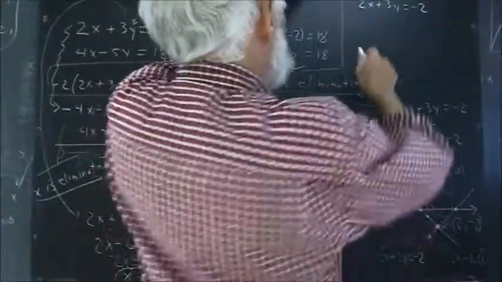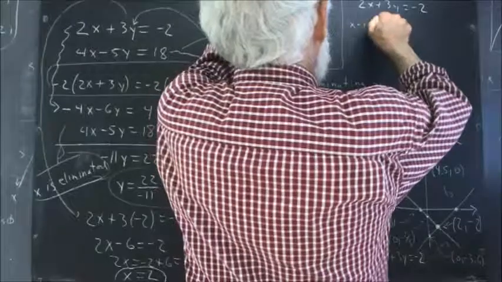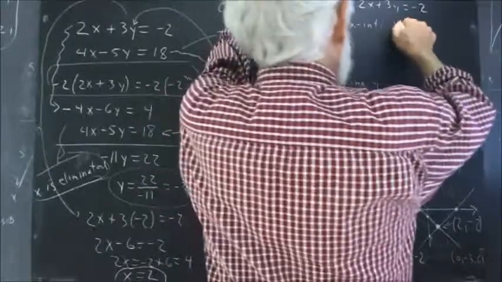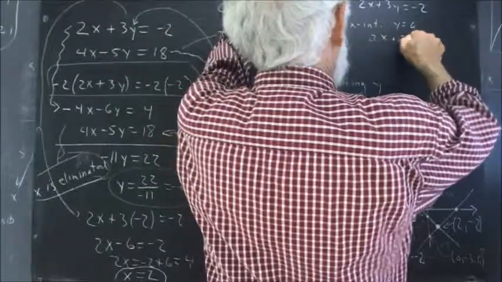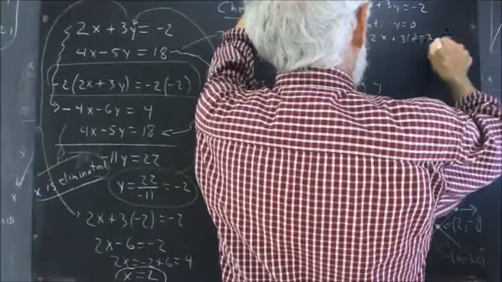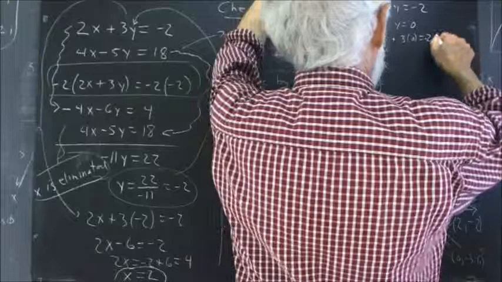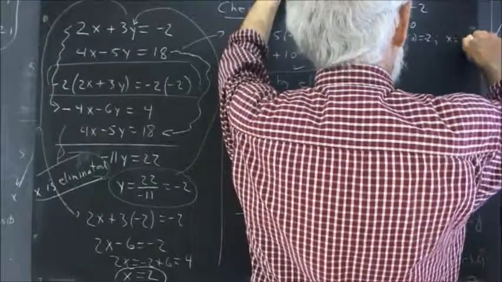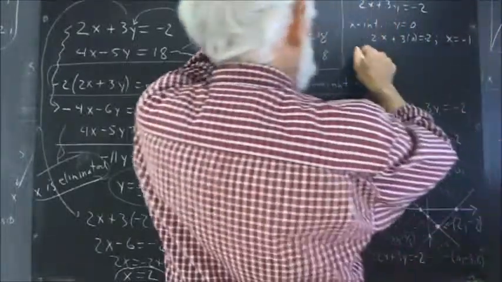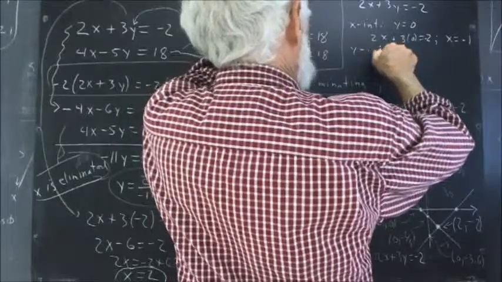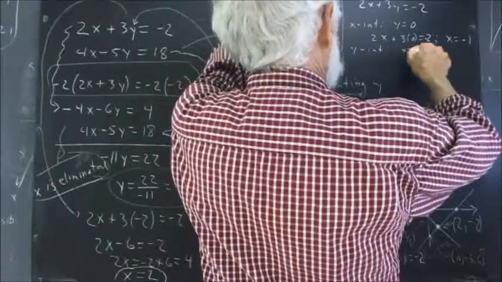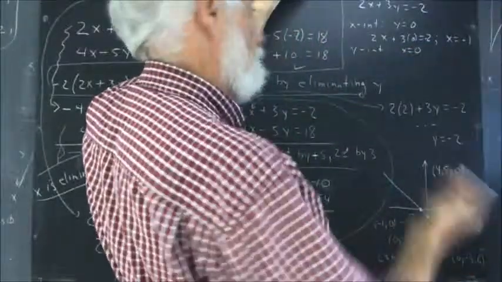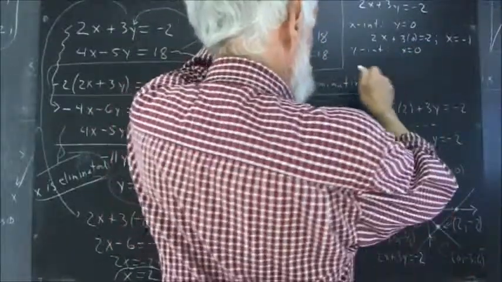Okay? The x-intercept, y equals 0. We get 2x plus 3 times 0 equals -2, so that x is -1. The y-intercept, x equals 0. We should all know that that's a condition for an x or a y-intercept.